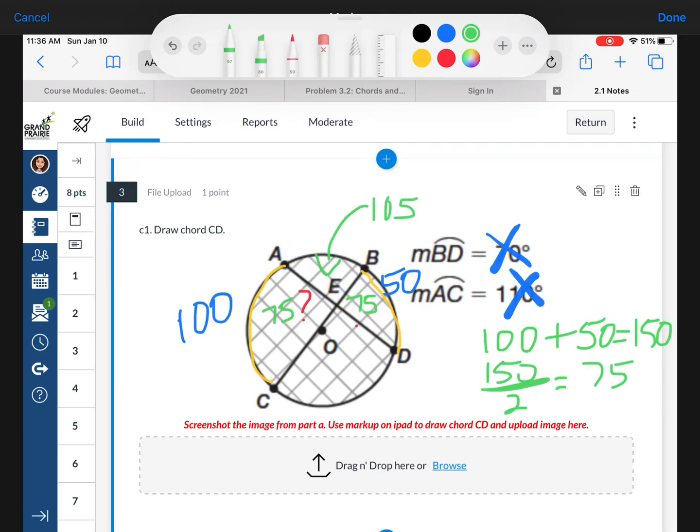That would be 105 degrees. So once again, the point is you take the arcs, you divide by 2 to get the measure of the angle. If you need to find the other one that's not right across from those arcs, you would subtract the number that you have from 180. I hope that helps. I'll see you in the next video.